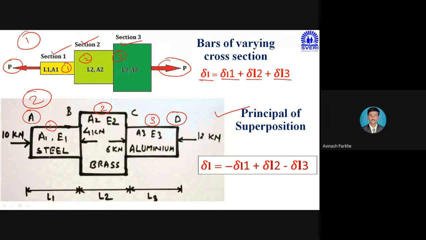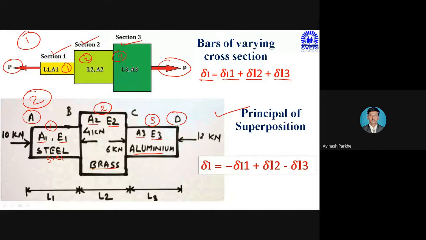The first section is made of steel, the middle section is made of brass, and the third section is made of aluminum. In addition to that, the first section has cross-sectional area A1 and Young's modulus E1, because it is made of a different material. The middle section has area A2 and Young's modulus E2, and the third section has area A3 and Young's modulus E3.